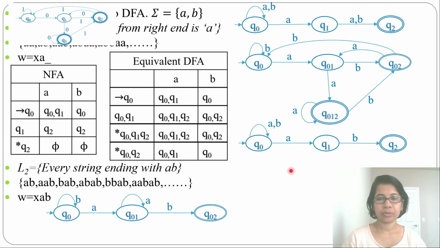Then at Q0, Q2: from Q0 by A it goes to Q0, Q1, and from Q2 by A there is no transition, so it will go to Q0, Q1. And from Q0, Q2 by B: from Q0 by B it goes to Q0, and from Q2 by B there is no transition, so it will go to Q0. Now this is the DFA that accepts every string ending with AB.